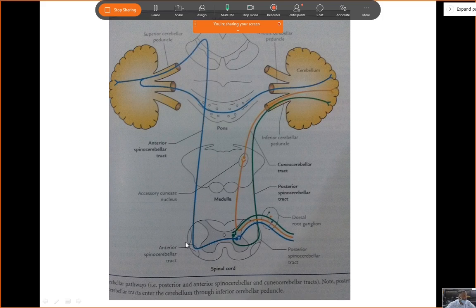Suppose the anterior spinocerebellar tract is damaged, then which sensation will be lost? From the opposite side, that is contralateral. If the dorsal spinocerebellar tract is affected, it is ipsilateral, the same side. These ultimately relay into the cerebellum.